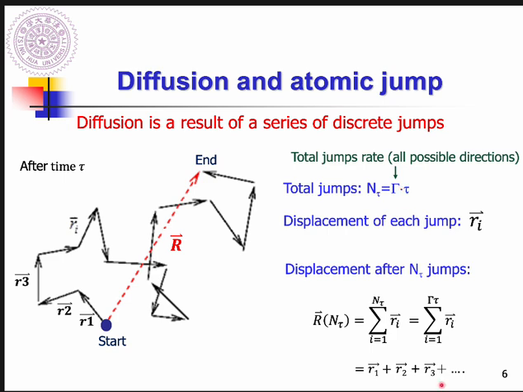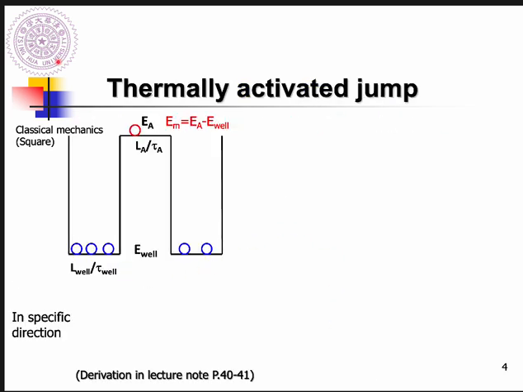In order to help us estimate the jump rate for the atoms, we move back to page 4. This is the thermally activated jumps. We want to know the jump rate, starting from the jumping process.